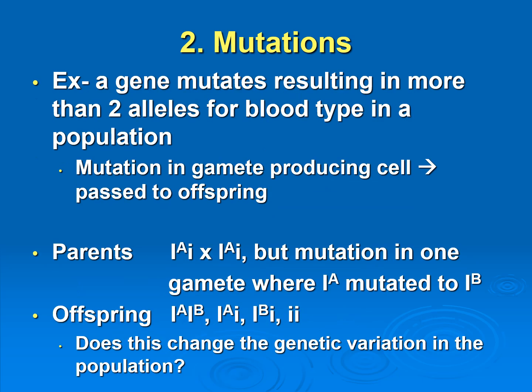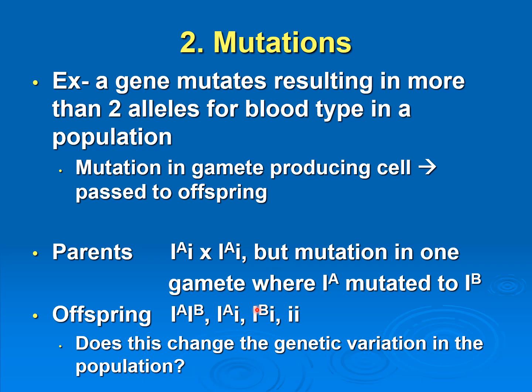So let's just take a look at an example of a mutation. Let's say that we've got a population with all type A and type O blood individuals. But maybe there's a mutation in our blood type gene where now we've got a type B allele that has arisen.